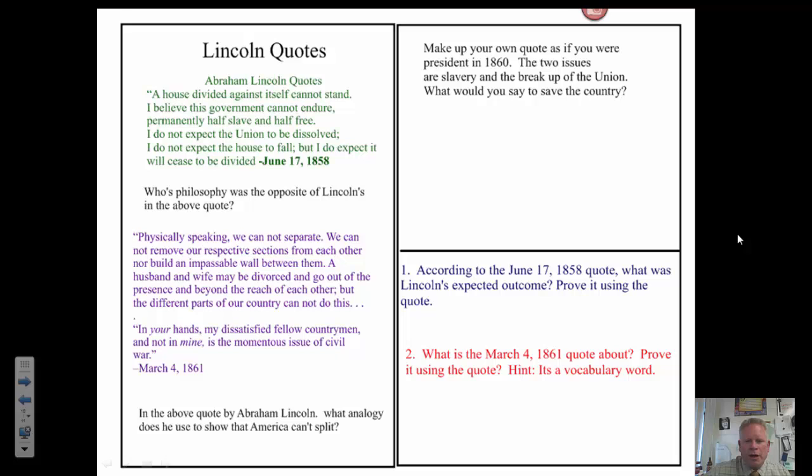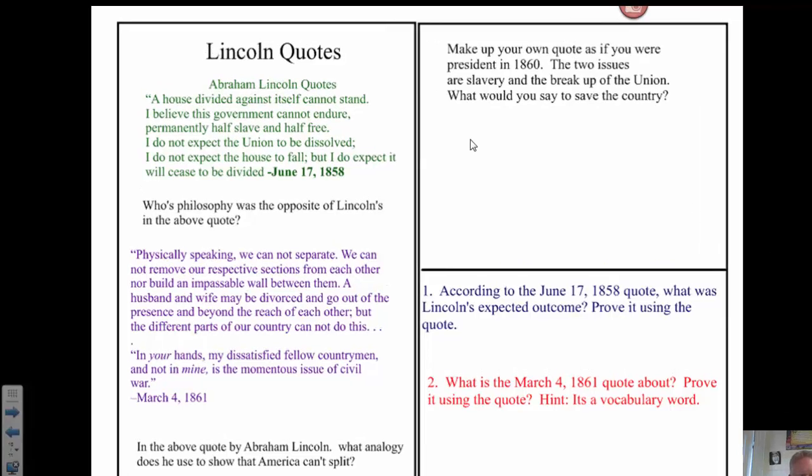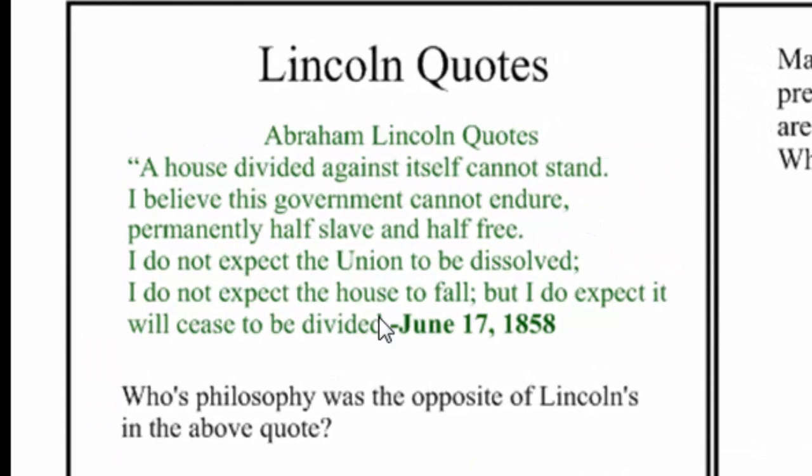Now we're going to have a couple of notebooks for this lesson. The first one's called Lincoln Quotes, and I have a quote here. It says, "A house divided against itself cannot stand. I believe this government cannot endure permanently half slave and half free. I do not expect the Union to be dissolved.